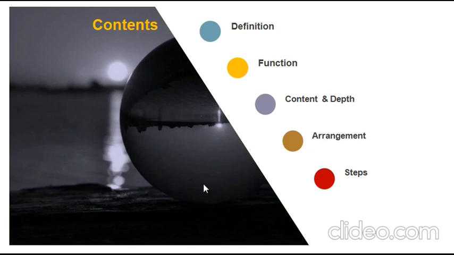We'll firstly define the literature review, and we'll have a look at its function. Additionally, we'll see the way it is structured, or its content, and the depth according to which we can view the literature. And also we'll learn about how to arrange a literature review, and also how to do it step by step.